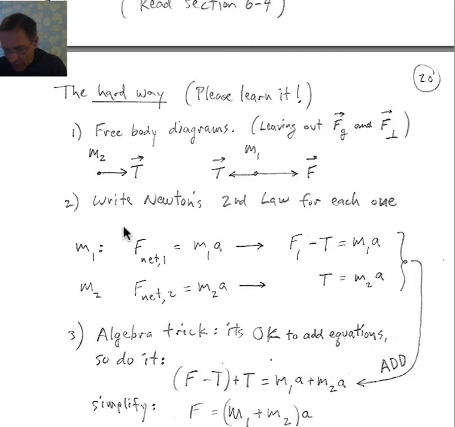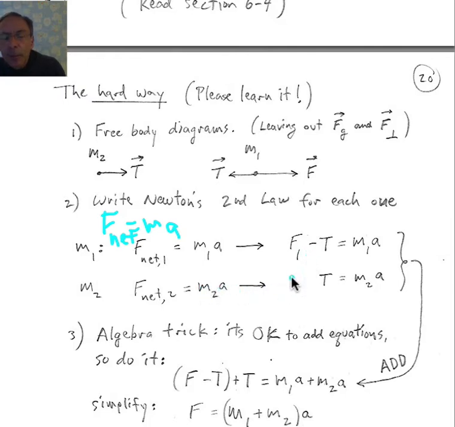Newton's second law is F equals ma, and F is really the net force. So we've got the net force 1 is equal to mass 1 times a. And for m2, we have net force 2 equals mass 2 times a.